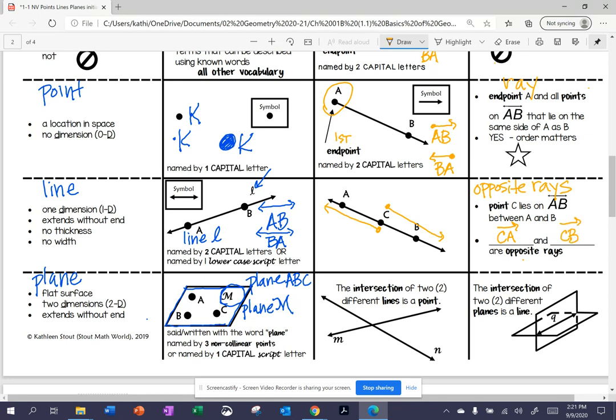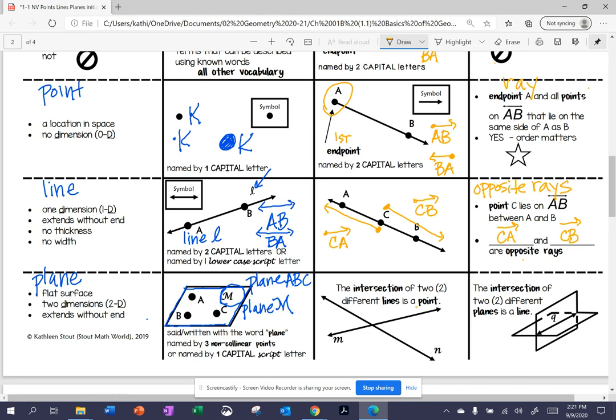These are opposite rays. So this is ray CA, and this one is ray CB. I named the endpoint first. Here's my endpoint, which I'm naming with the letter C.